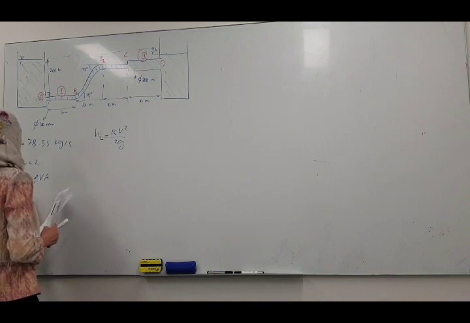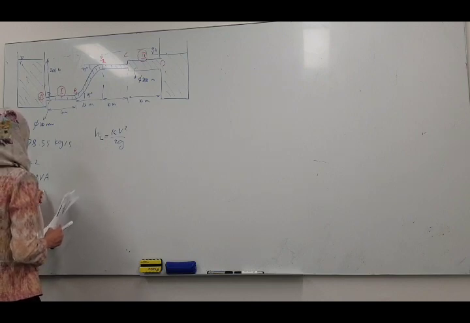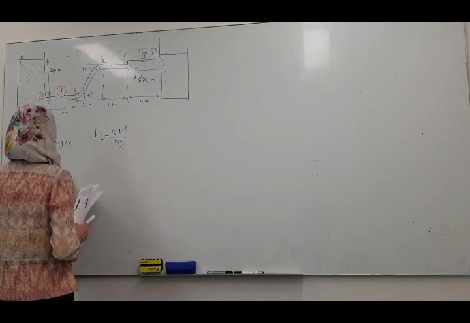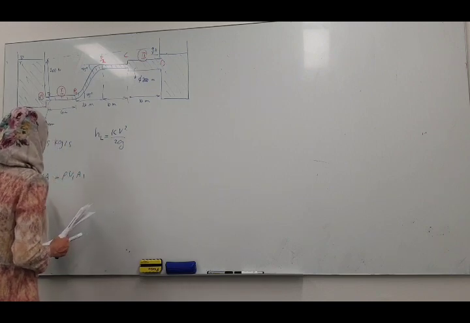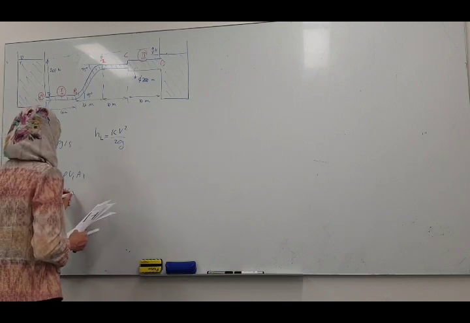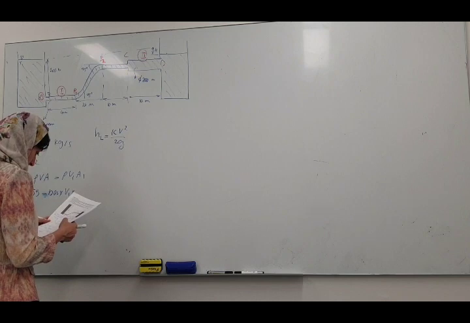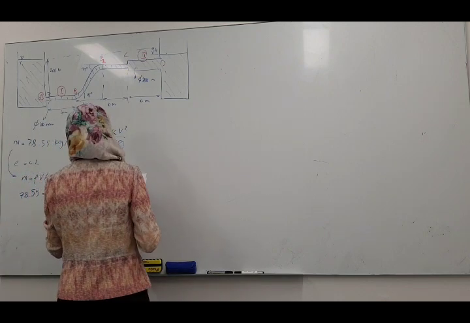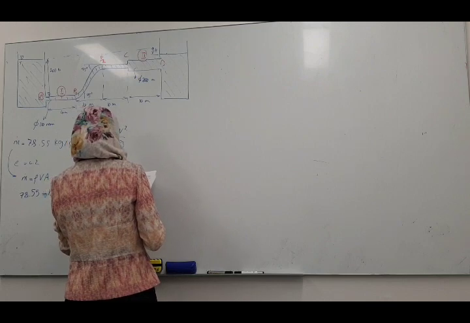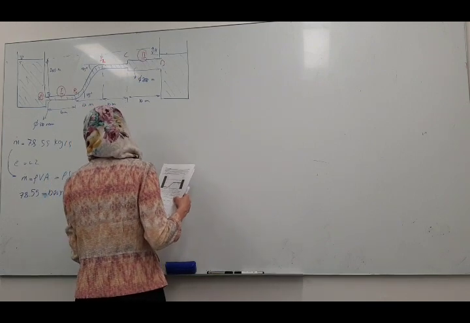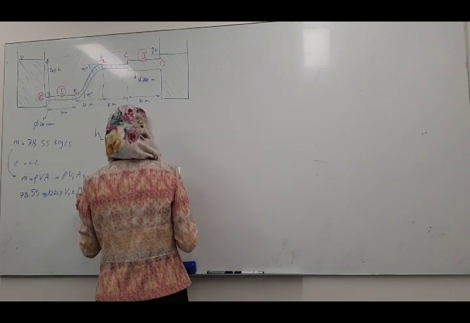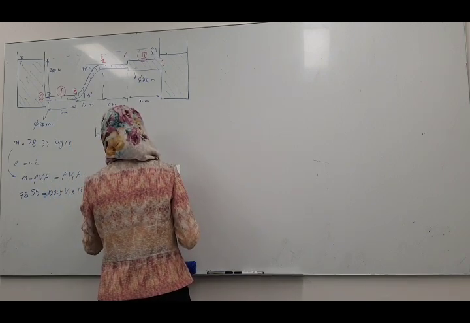If I just replace these parameters, we have 1000 times V1 times A1, and A1 is pi times 5 squared.